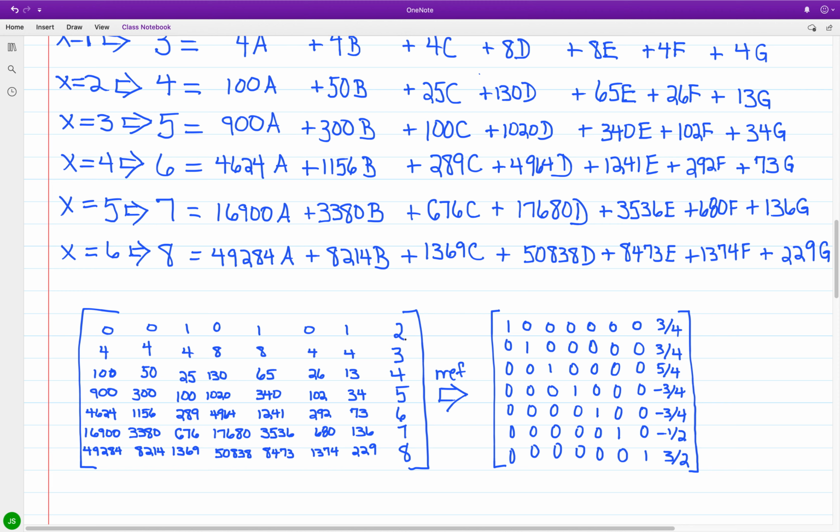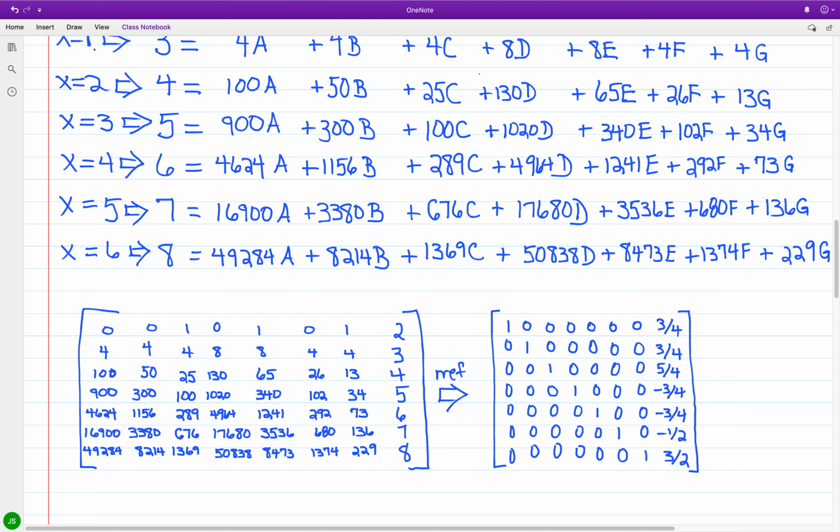When x was 0, we have equal to 2, x is equal to 1, we have equal to 3, and so on. Performing the reduced row echelon form, we're going to have an array of 1s and 0s, with 1s running diagonally.